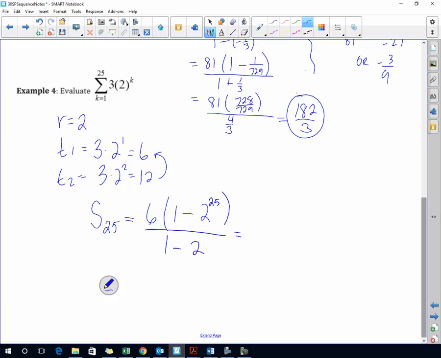So punch it all in and see if you get this. You get 201,326,568. Did anybody get that? So I'll give you a second to figure that out. Sorry, I must be dyslexic. This is 86.